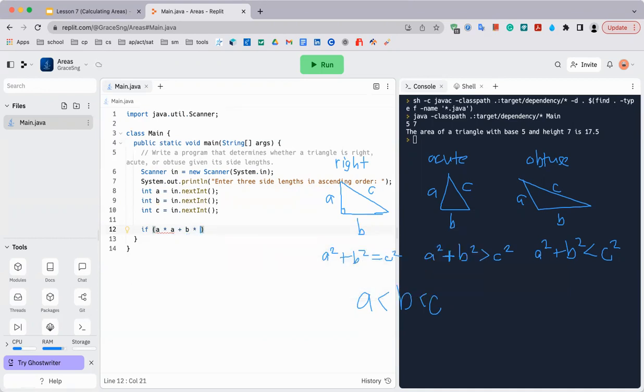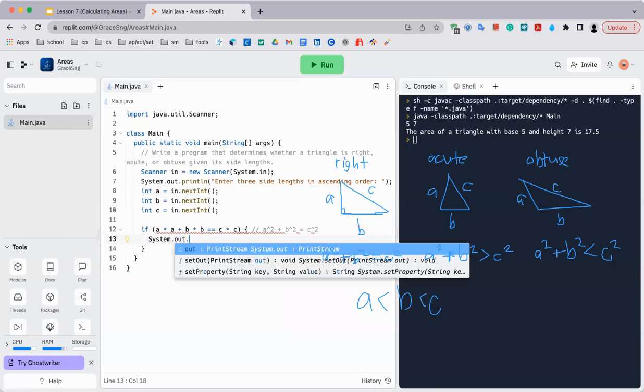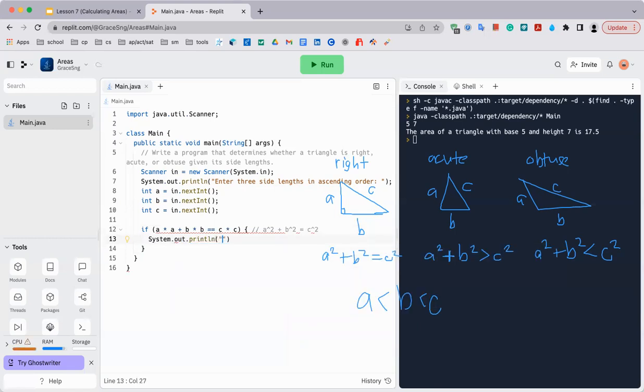So A times A plus B times B equals C times C, then I can print out, this is a right triangle.